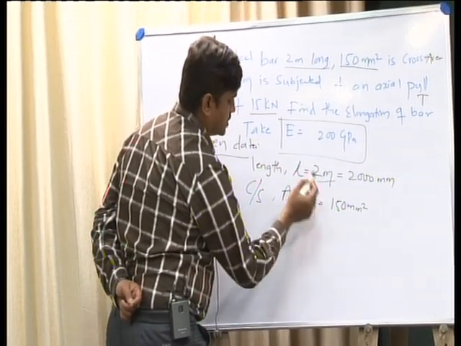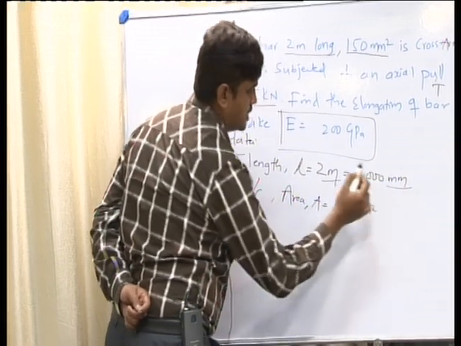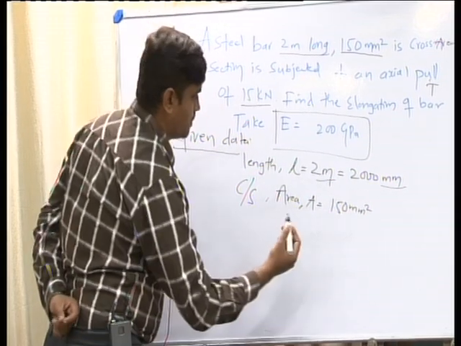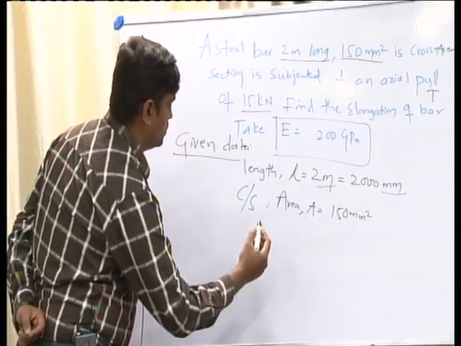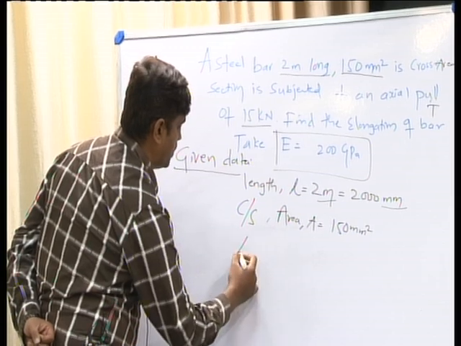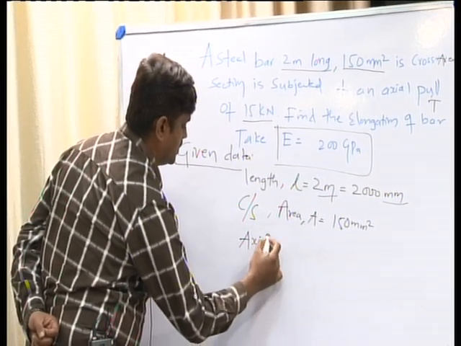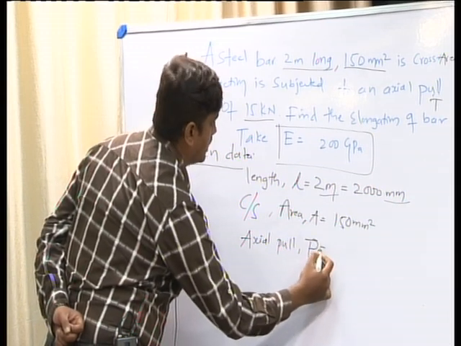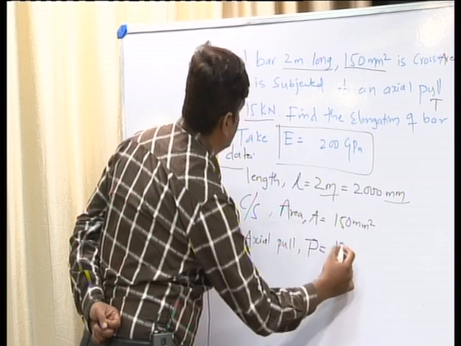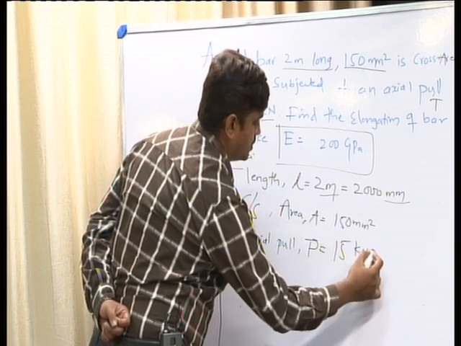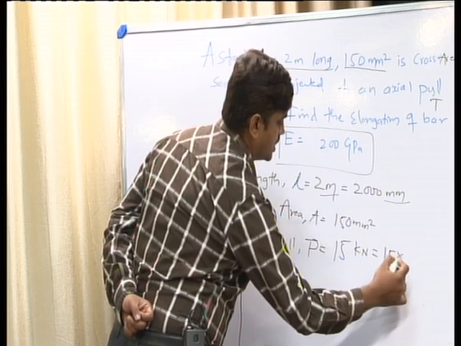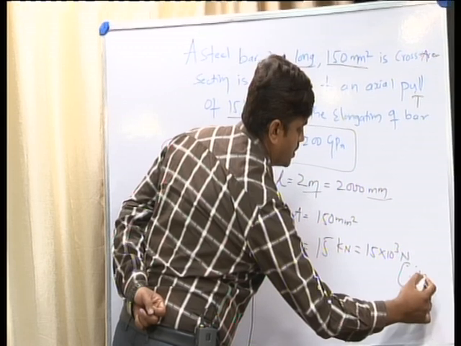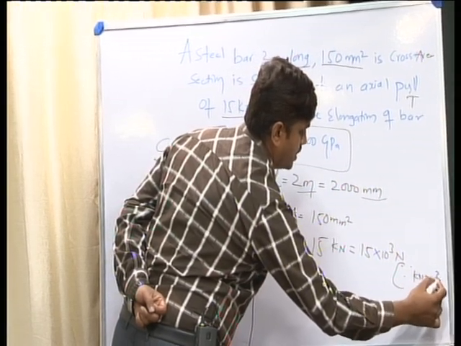So convert those meter values into mm values, convert the kilonewton values to Newton values. Axial pull, it is a tension P, what is that? 15 kilonewton. As I told you, it can be written as 15 into 10 raised to 3 Newton, because 1 kilonewton is equal to 10 raised to 3 Newton.